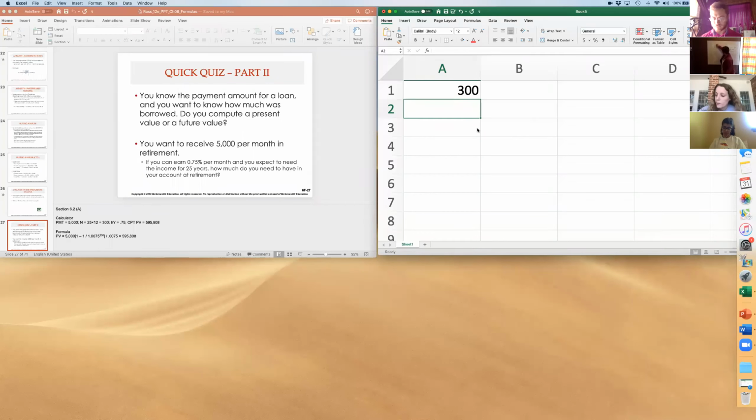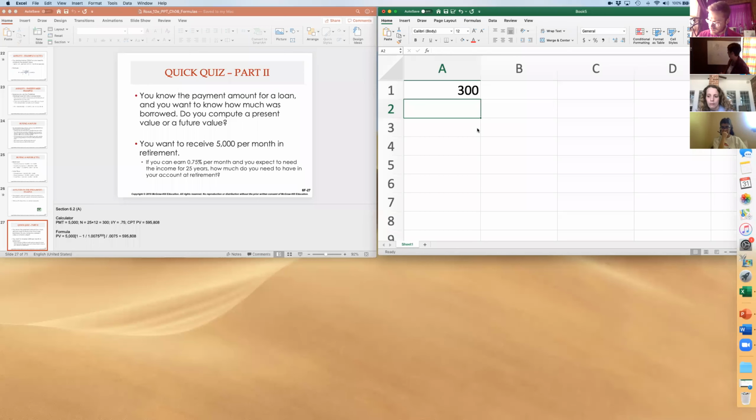And that you want $5,000 per month in retirement. And so what you're telling me is that you want 300 payments of $5,000. Tells me also that you're going to get 0.75, and that's actually called 75 basis points. So a basis point is 1/100th of a percent, right?